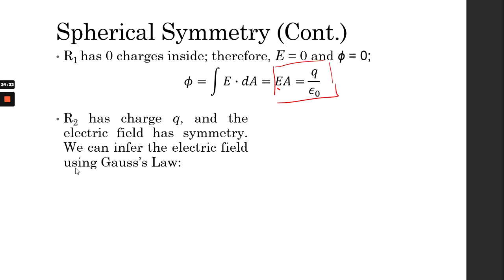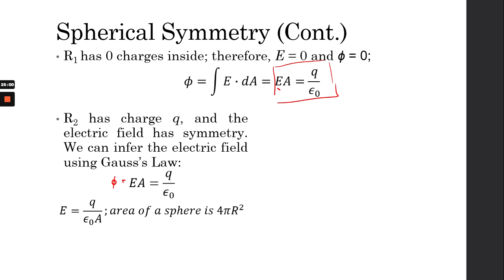So we know that R2 has a charge Q inside and the electric field has symmetry. Therefore, we can infer the electric field using Gauss's law. This is your Gauss's law right here, right? The electric flux is equal to the total charge Q divided by the permittivity of free space, or epsilon naught.